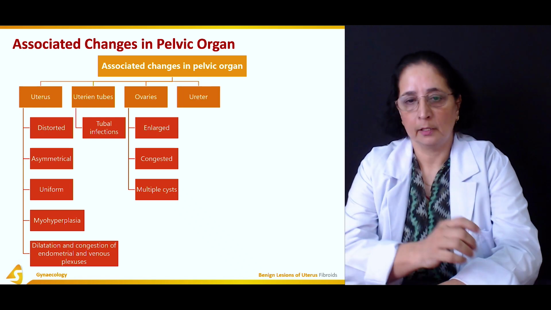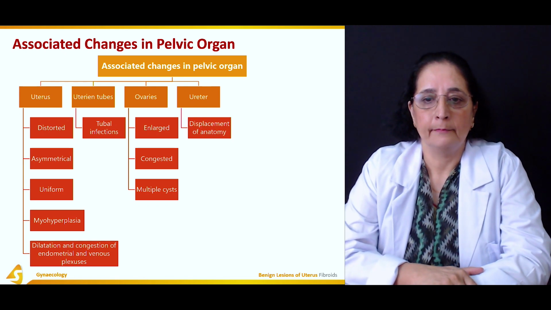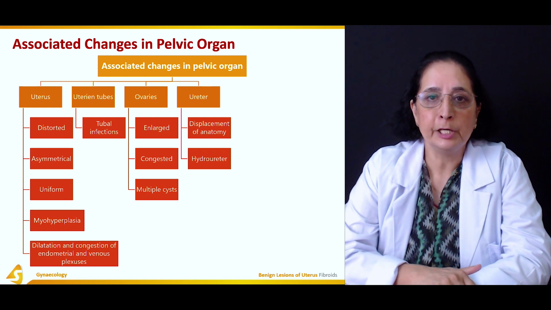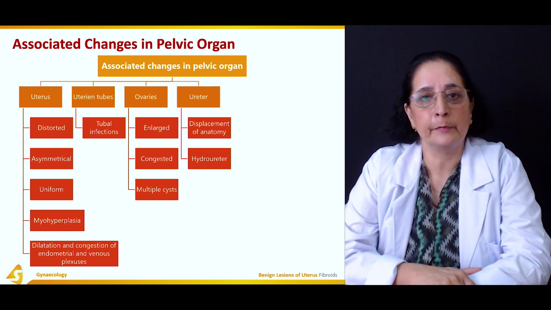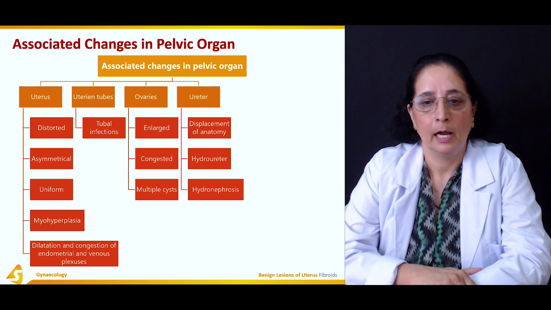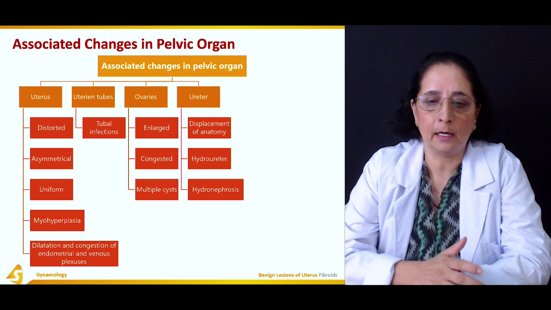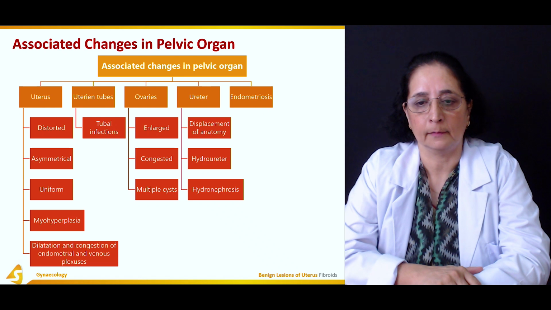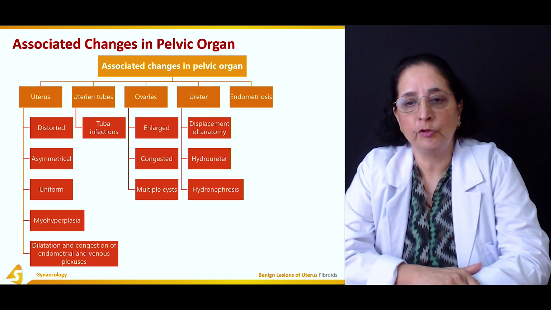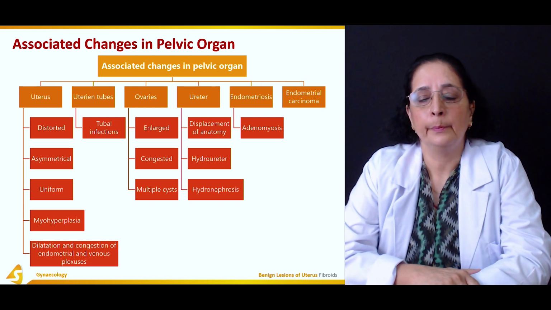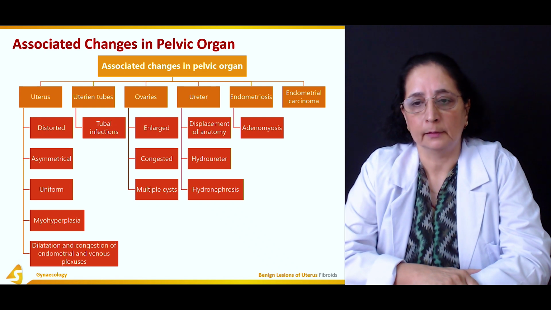In the ureter, we have displacement of anatomy. There might be hydroureter. Hydro is presence of water in the ureters. Hydronephrosis is enlargement of the kidneys due to presence of fluid or water. In the endometrium, we have endometriosis, adenomyosis. Then we have endometrial carcinoma.